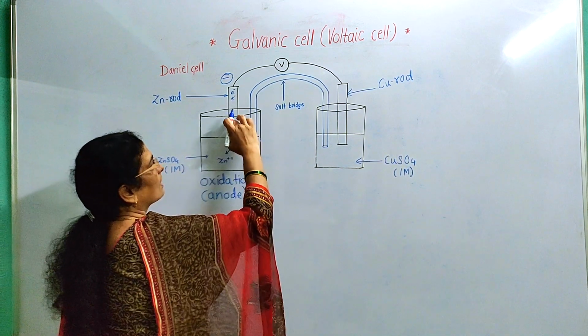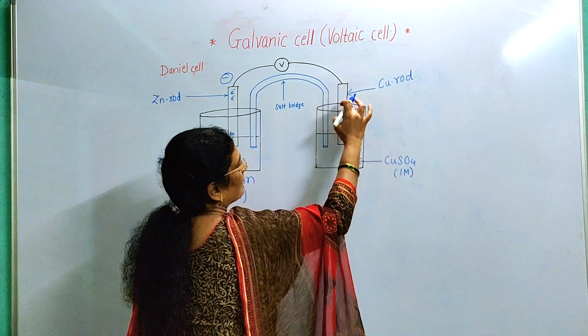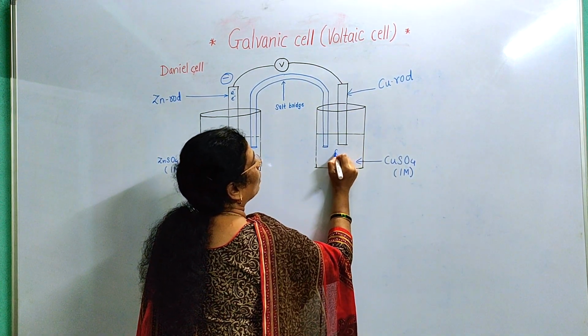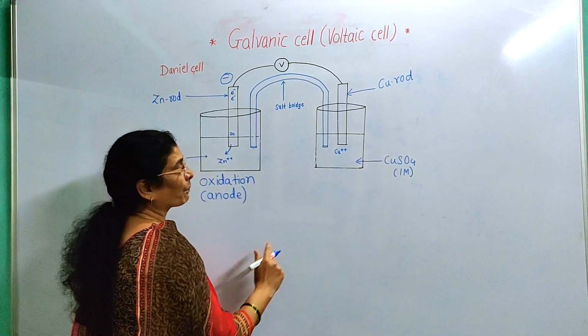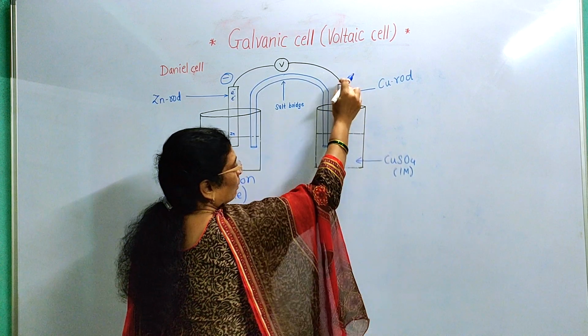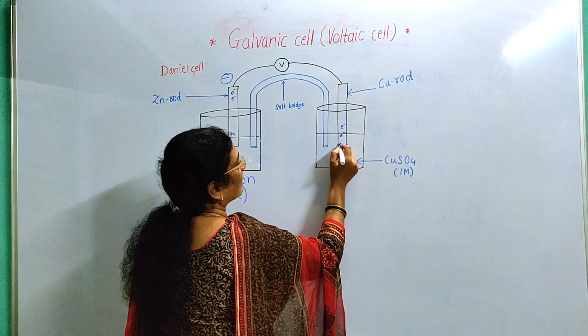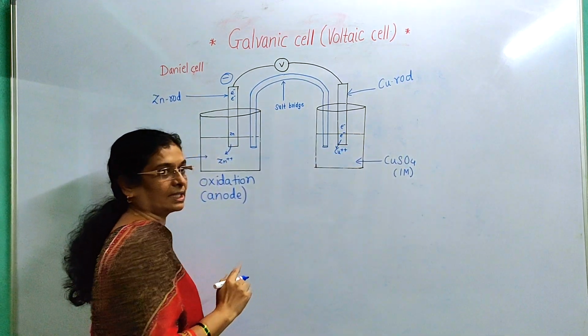Now these electrons are carried through this metallic wire towards this copper rod. Here the copper rod is in direct contact with Cu++ ions. These electrons are carried towards this copper rod and are accepted by these Cu++ ions.